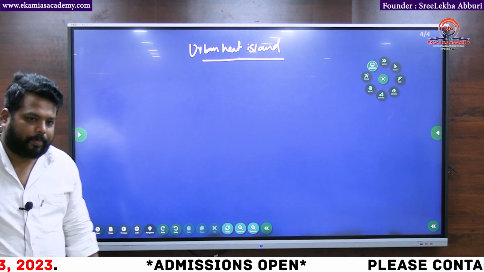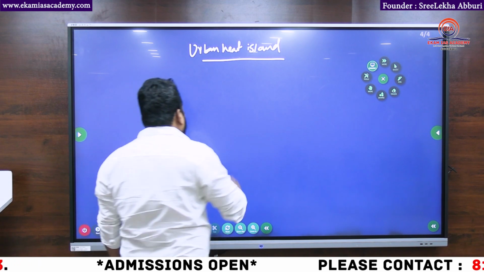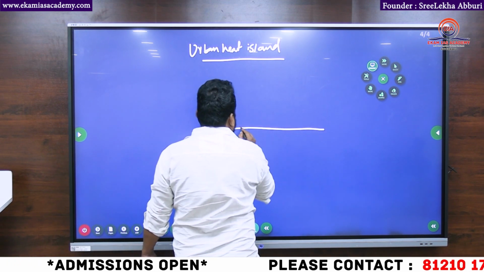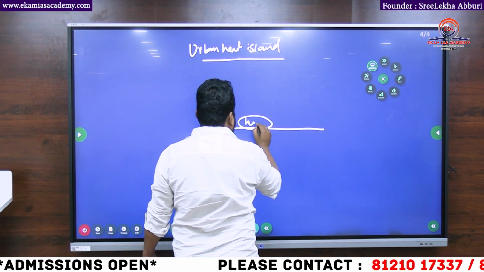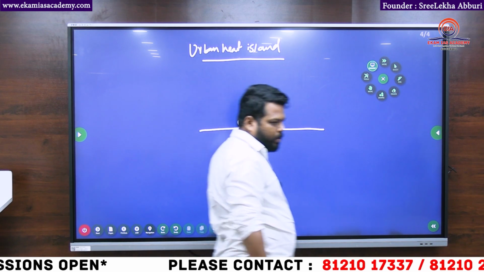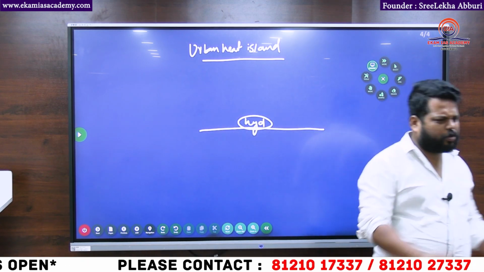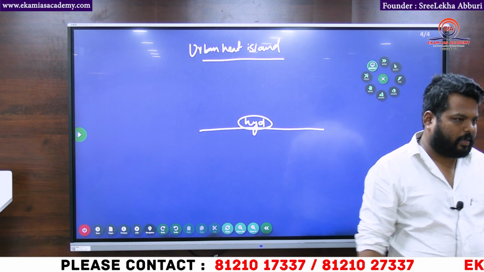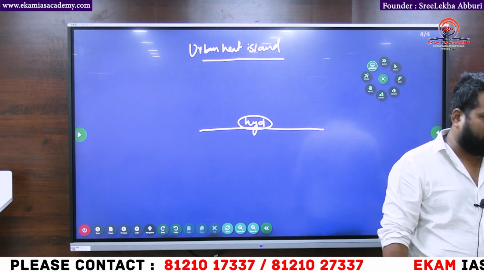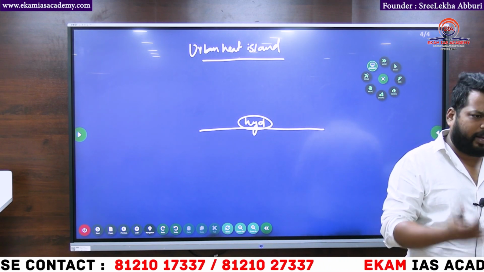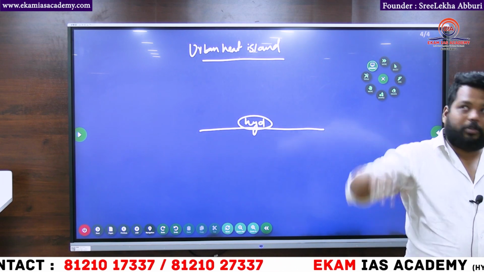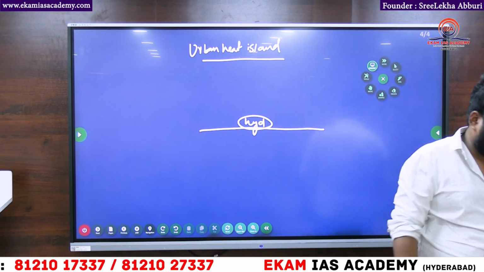Very good. For example, if this is Hyderabad, Hyderabad is filled with huge concrete jungle, huge infrastructure, no vegetation cover, heavy vehicle pollution, huge surface areas for trapping the heat.